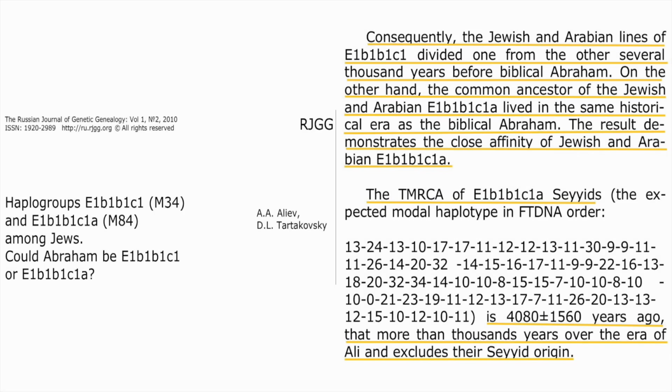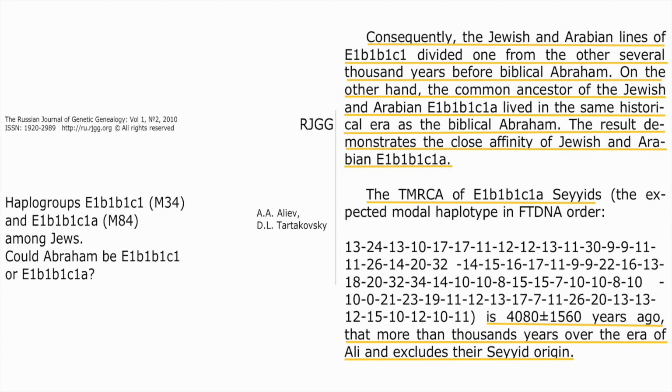Consequently, the Jewish and Arabian lines of E1b1c1 divided one from the other several thousands of years before biblical Abraham. On the other hand, the common ancestor of the Jewish and Arabian E1b1c1a lived in the same historical era as the biblical Abraham.